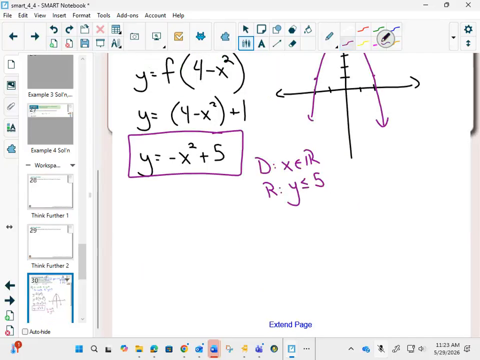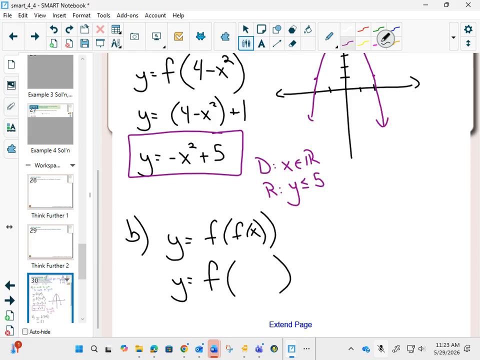And then part B, it wanted to do the same thing, but this time we have y equals f of f of x. Well, f of x is just x plus 1. You just add 1 to whatever you put in.